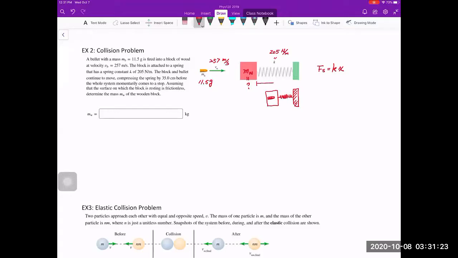From here to here is 35.0 centimeter. Okay, so this is your initial. This is your final. And what is the speed of these two things? It's going to stop.